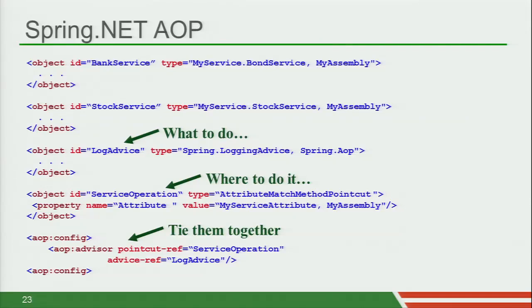Yes. So the question is, what does the advice look like when you create it yourself? We have a couple of interfaces that are provided that you implement, as well as some convenience base classes if you prefer to inherit from them, rather than implement an interface from scratch.